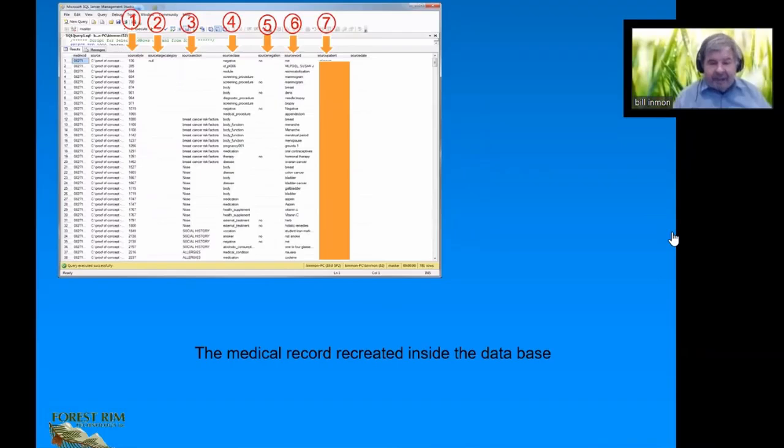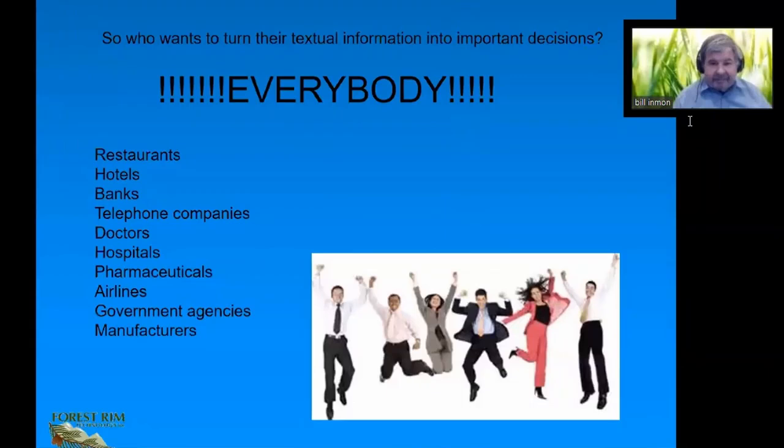Once you put your medical record into the form of a database, now you can easily look at 100,000 records or even 1 million records, something you can't do when you are looking at a handful of records and having to read them manually.